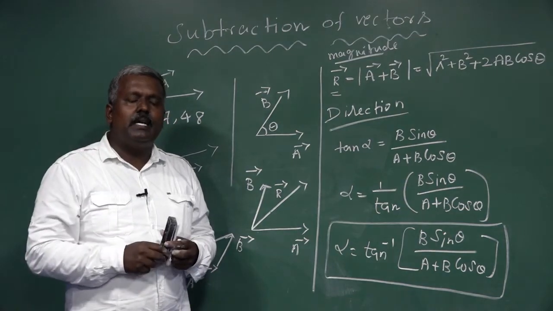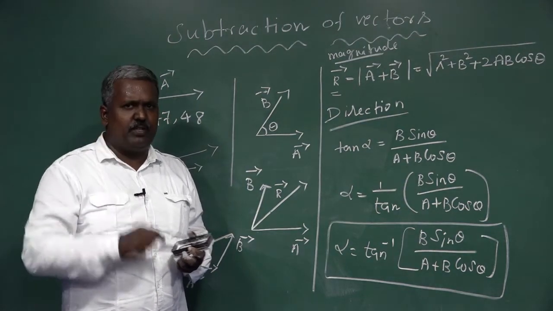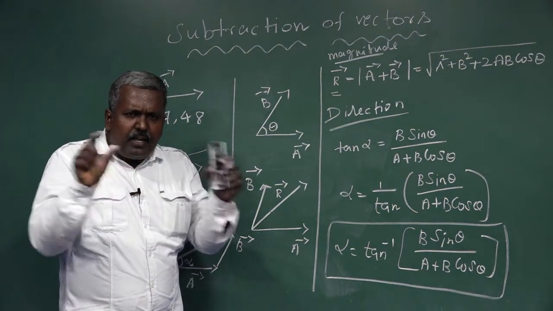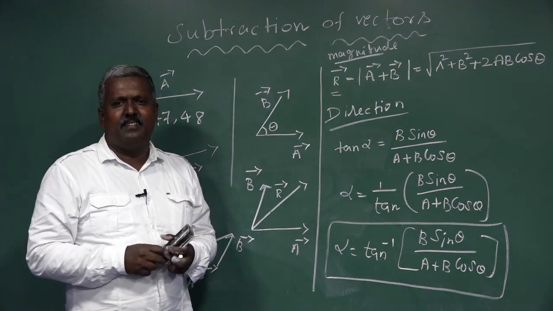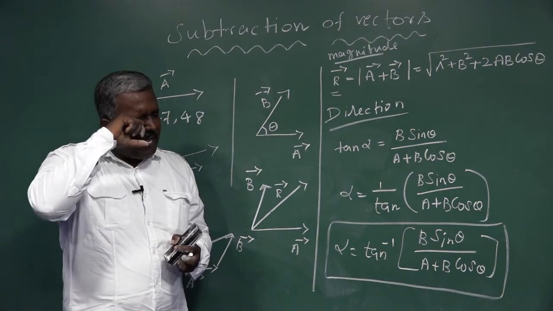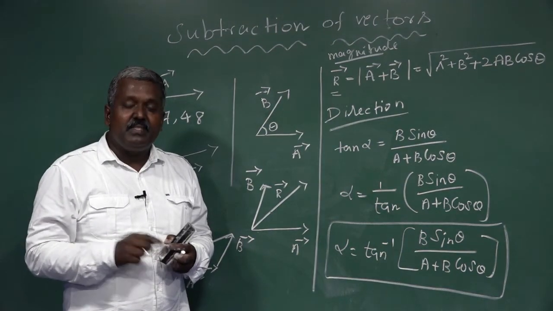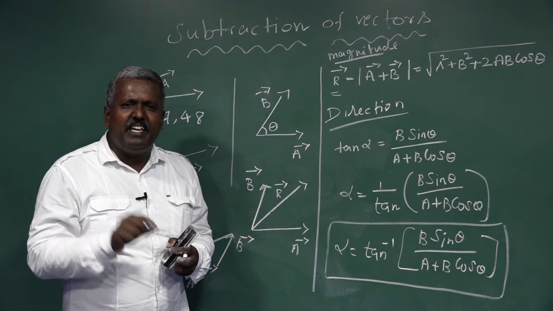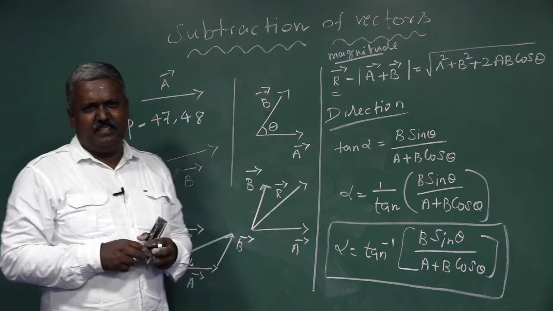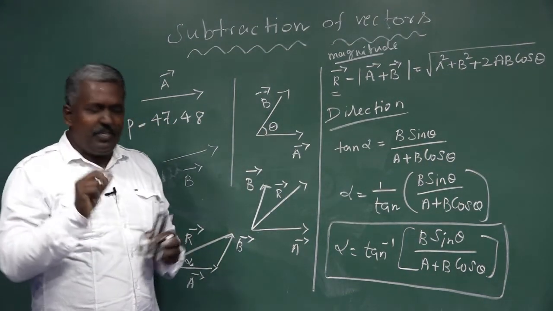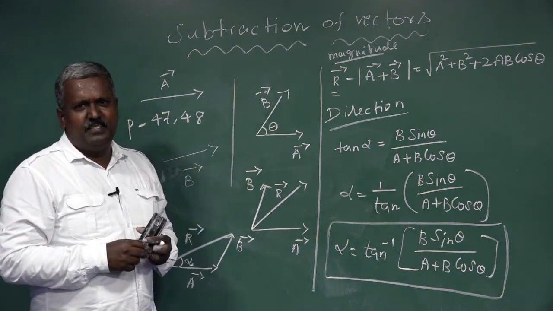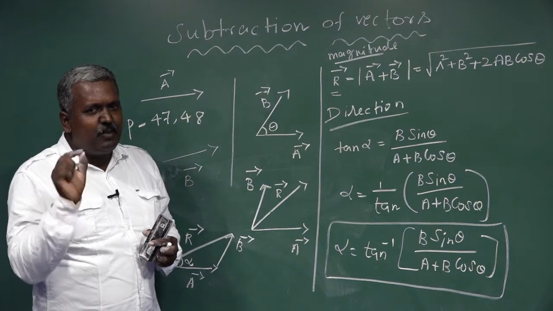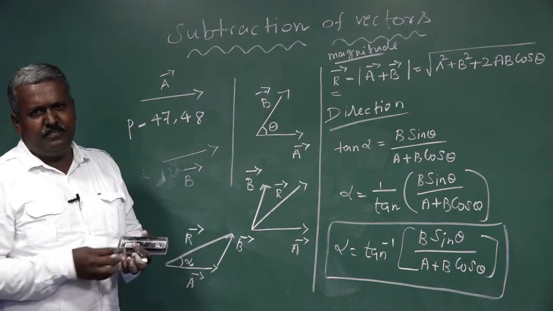Since vectors have both magnitude and direction, they cannot be subtracted by using ordinary algebra, but we can subtract geometrically or analytically. Here we are going to discuss the geometrical method, that means subtraction of vectors by using the geometrical method.